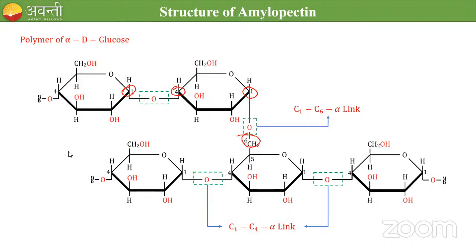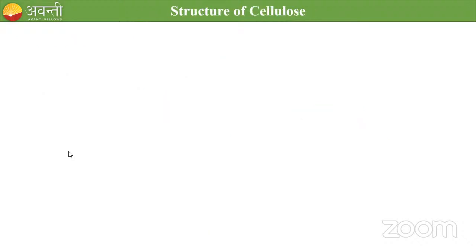Now let us go to the second polysaccharide, which is cellulose. Cellulose is a straight chain polymer of beta D glucose. Starch is an alpha D glucose polymer and cellulose is a beta D glucose polymer.